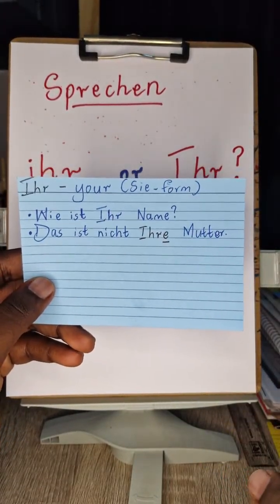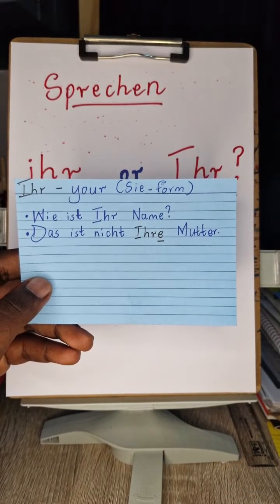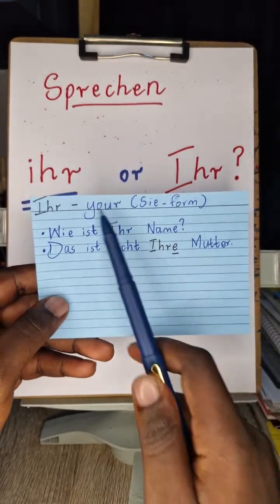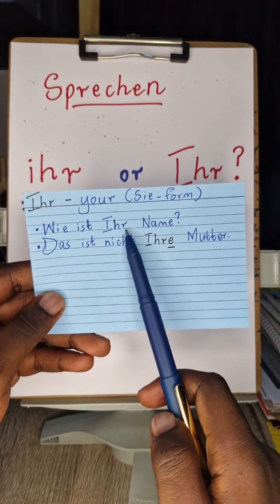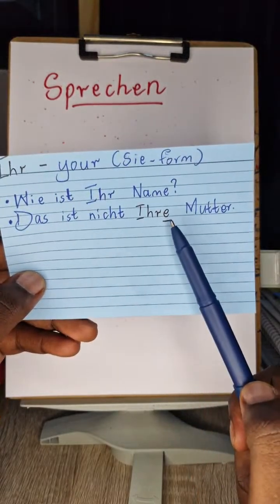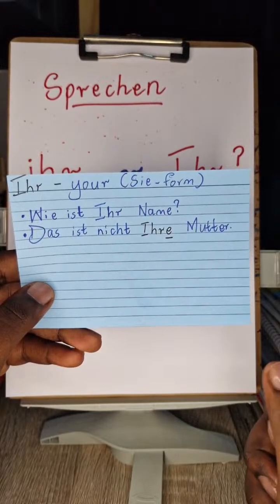Now, there's a good question from Sasa. Sasa, you are asking, can we use ihr in both singular and plural? Yes. The only difference is that if you're referring to a singular noun, you would use ihr. But if you're now referring to a plural noun, you would add an e. So you want to say, these are your books.